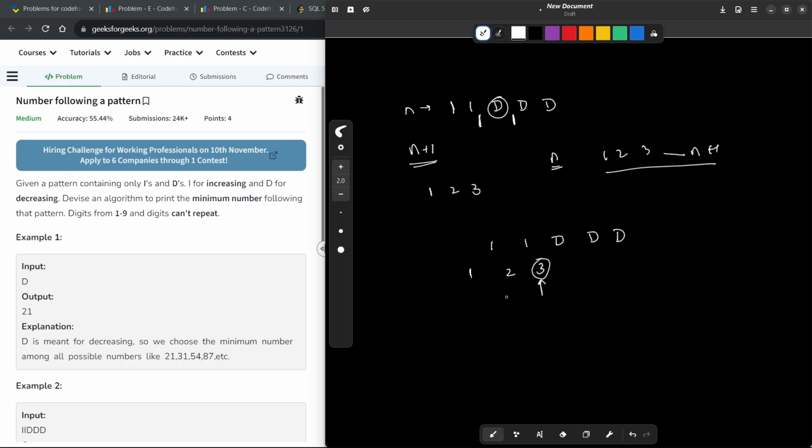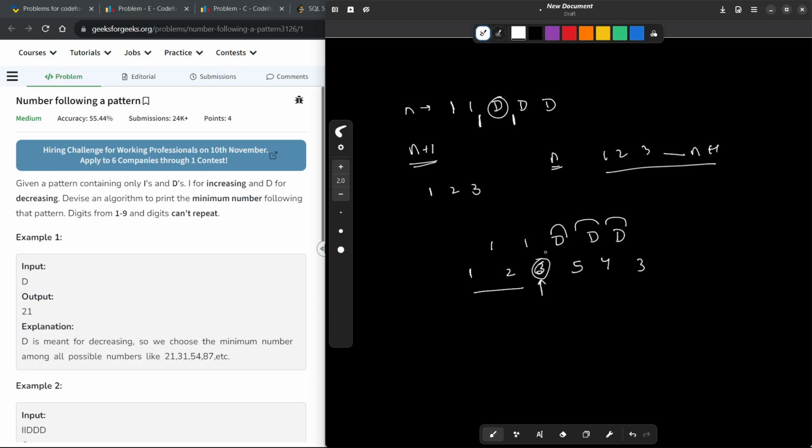So I cannot place 3 because I have taken all the smaller numbers than 3. So what I can try to do is I can just count the number of consecutive D's I have here. So I have 3 D's here, so this has to be at least 4, it has to be at least 6, right? Only then it is going to be 5 here, then 4, and then 3, right?